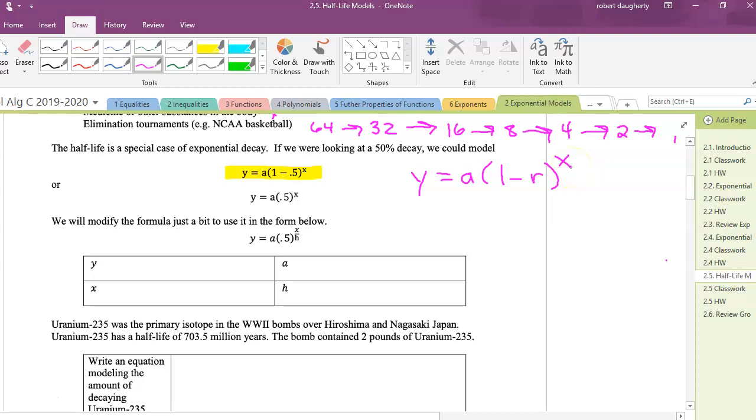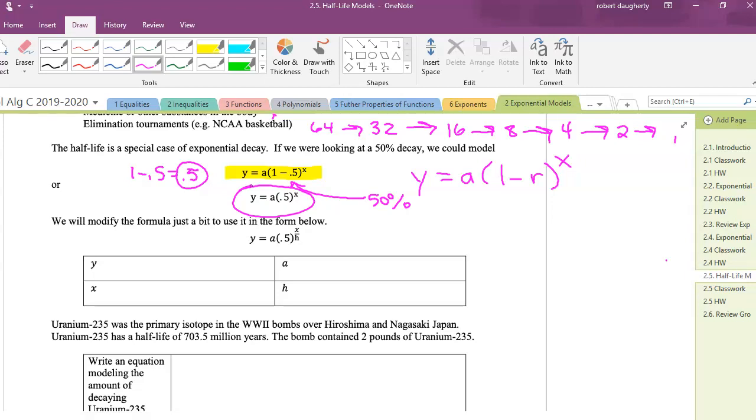If you look at this particular rate right here, 0.5, that means 50%, so this is something that's decaying by 50%. Well, what is 1 minus 0.5? 1 minus 0.5 equals 0.5. If I just substitute that in, this becomes my formula: y equals a times 0.5 to the x. That is representing something that decays by 1/2.